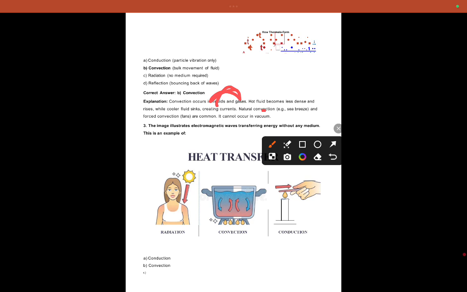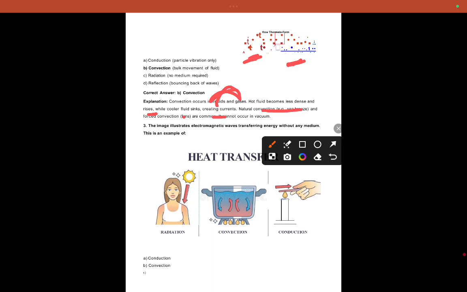Hot fluid becomes less dense and rises, while cooler fluid sinks, creating a current. You can see this is the hot part and this is the cooler part. The hot particles float because they are less dense, and the cooler ones form a thick layer, creating current.